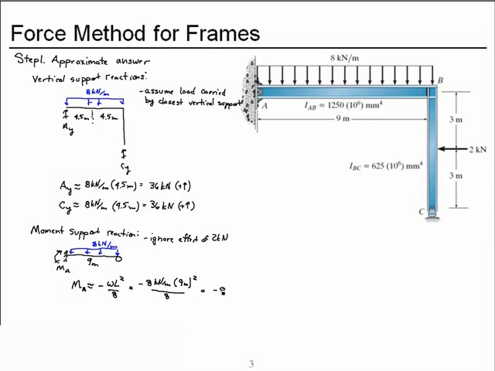We have a minus 81 kilonewton meters if we assume that it was clockwise. So once we finish applying the force method to determine the reactions, we'll come back and compare against these predictions.